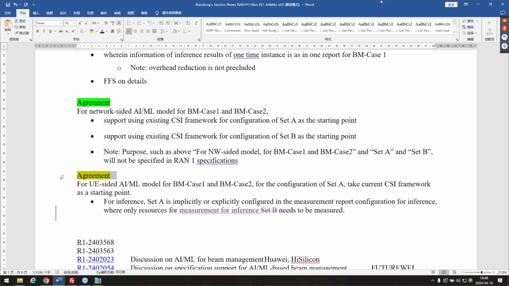This content is kind of different from the words about only resource for measurement for inference. If we really want to discuss the resource for measurement for inference, we can discuss it in a different place, not here. So I think the words about only resource for measurement maybe do not need to be mentioned here.